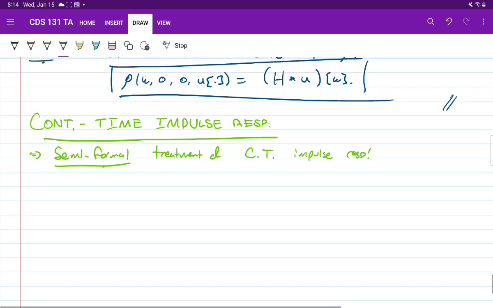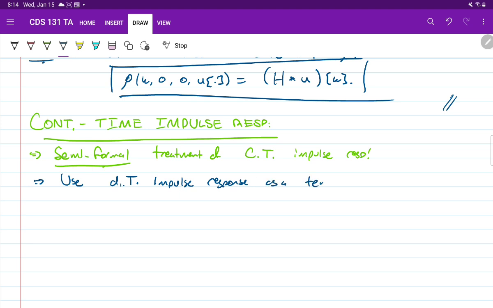So we're going to use the discrete time impulse response as a template for the continuous time case. We'll look for continuous time analogs of all these different structures that we evaluated in the discrete time case.